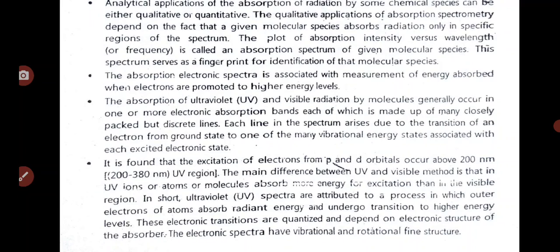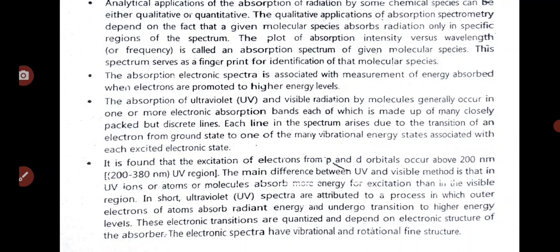So the spectra come from vibrational energy as well as rotational energy, because the electron jumps from the ground state to the excited state, or de-excites from the higher state to the ground state. That's why we use this spectroscopy, which gives useful information in ultraviolet and visible absorption spectroscopy.